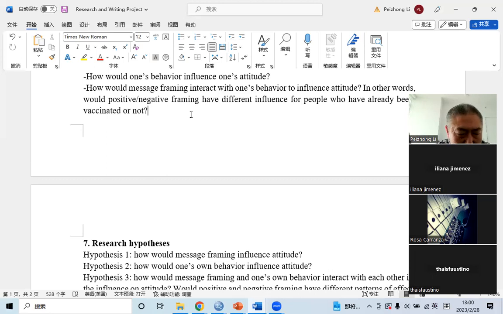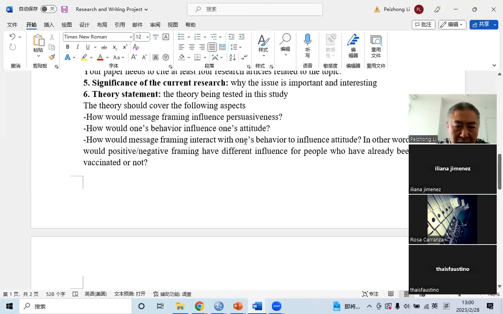For these people, I believe that overall, a positive framing will be better than the negative framing. Basically, this theory is about the interaction. And if you look at the whole package of theory, your theory is based on a factorial design.